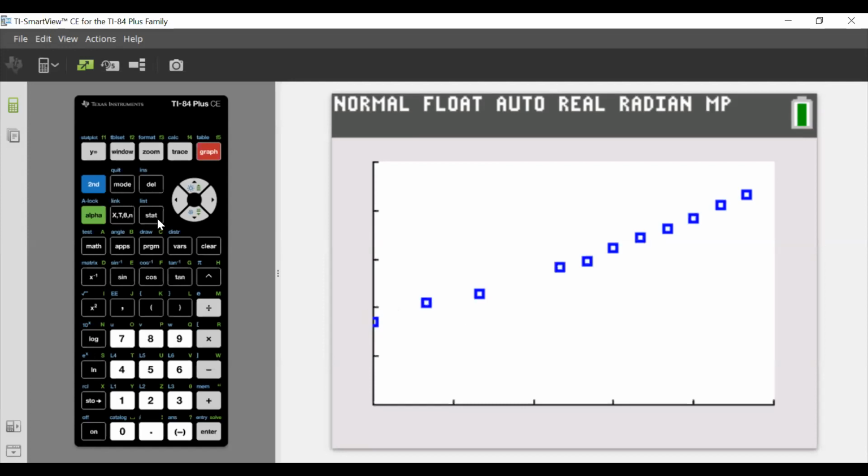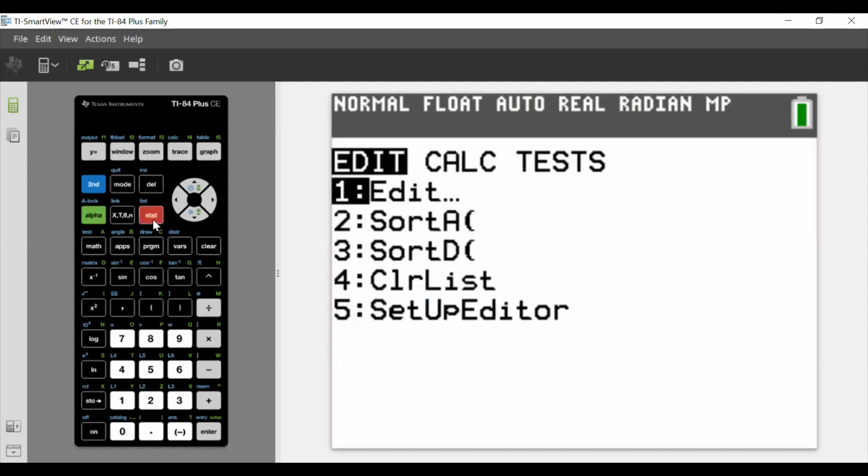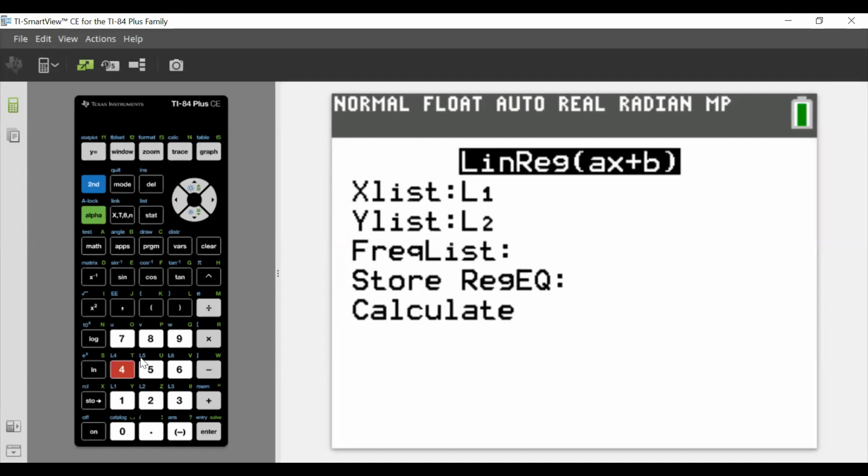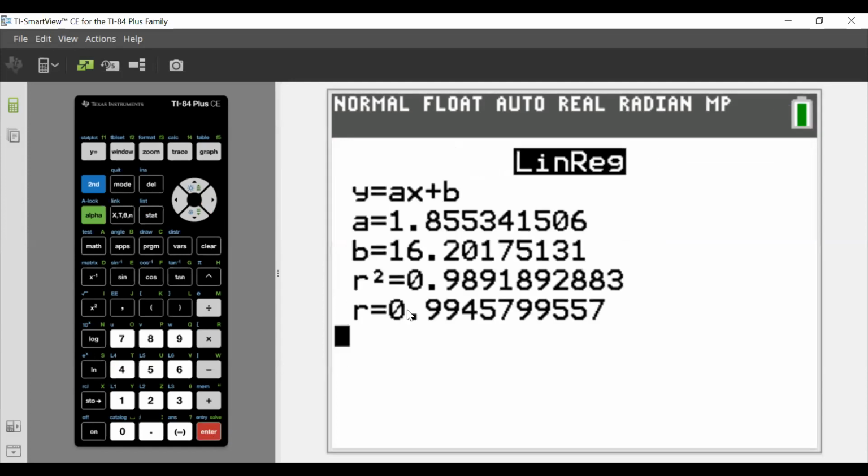Now let's figure out our calculation for the linear equation. We go over to calc and down to linear regression, number 4. Our x is in L1, y is in L2. Now we just enter, enter, enter, enter, enter. This gives us our function for the slope and our intercept.